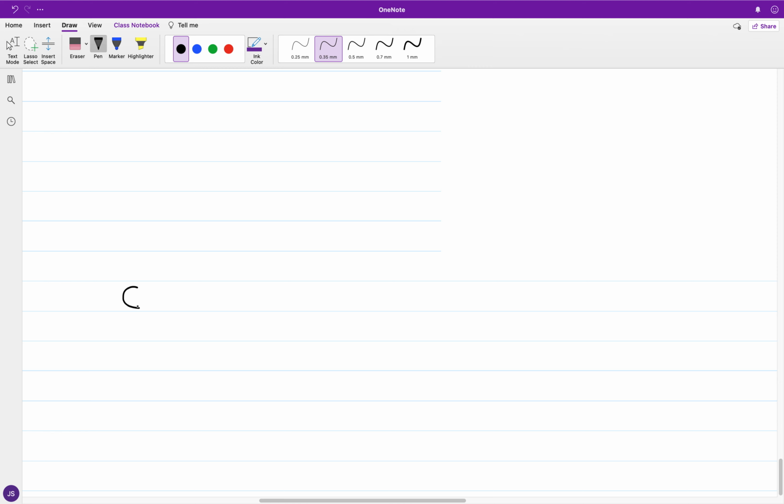So I have in here converting between standard and vertex forms of a quadratic function.